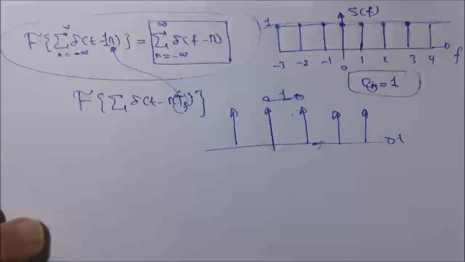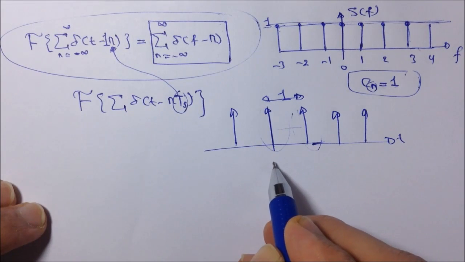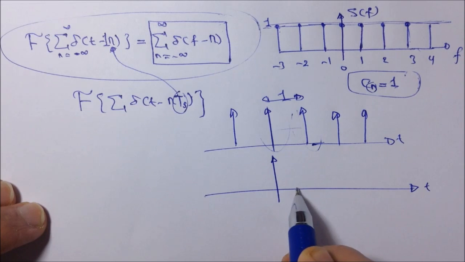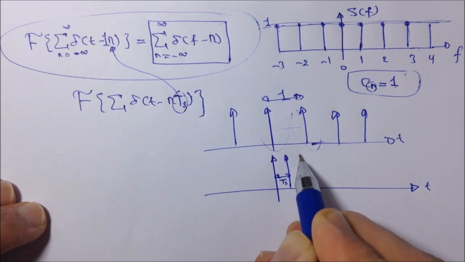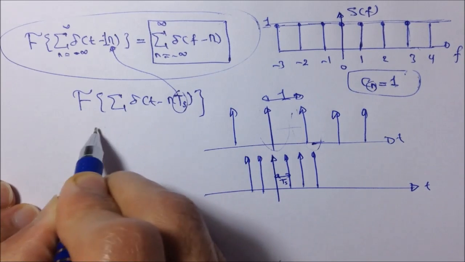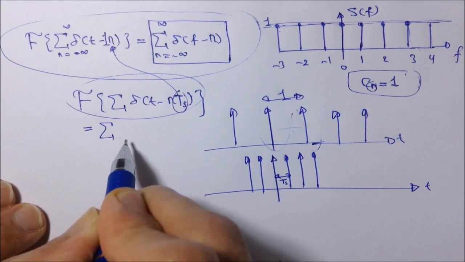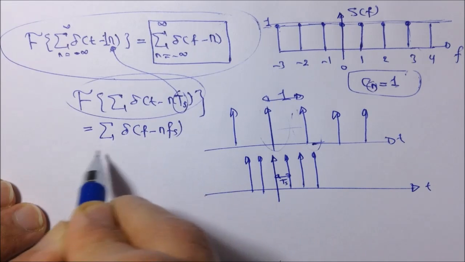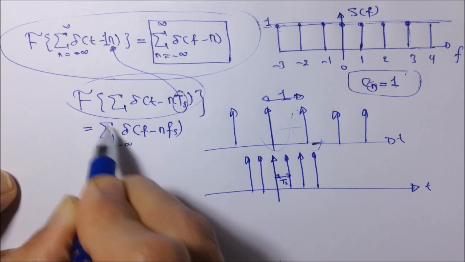So that means the Fourier transform of a train of pulses having a Ts separation is simply equal to summation delta of f minus n fs, where fs equals 1 over Ts, from n equal minus infinity to infinity.